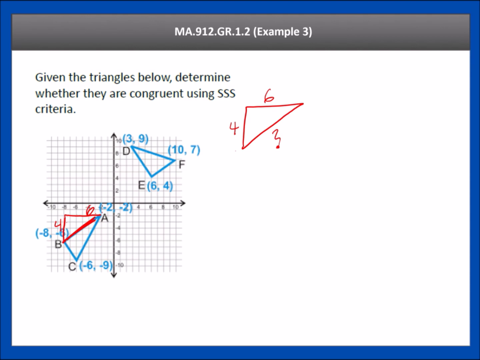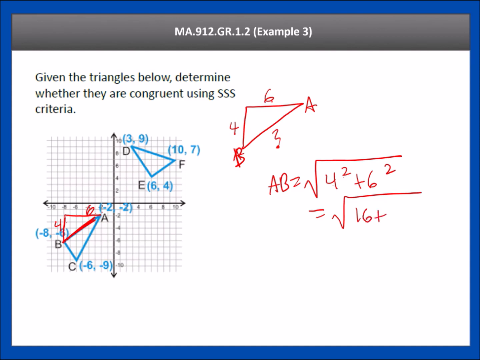In this case, this is B, and this is A. So AB is equal to the square root of 4 squared plus 6 squared. This is using the distance formula where you're just counting instead of subtracting the coordinates. So 4 squared is 16, 6 times 6 is 36, and so this is going to be the square root of 52. All right, so we got AB.